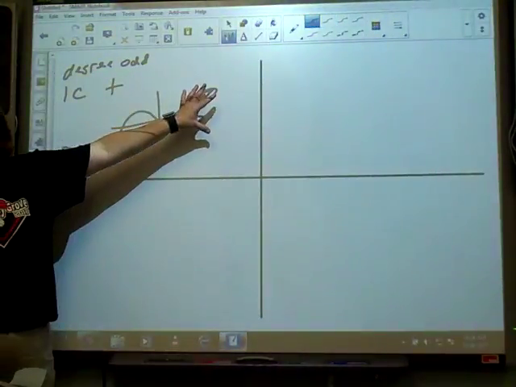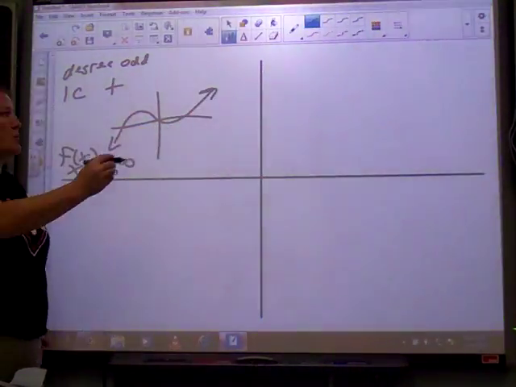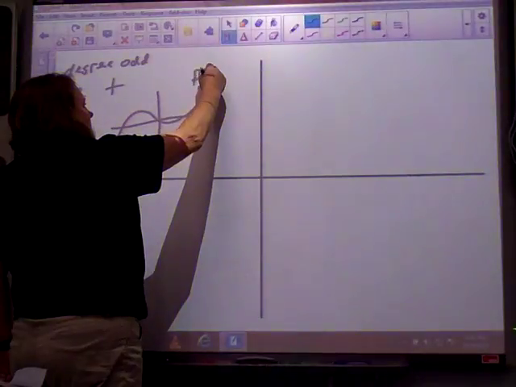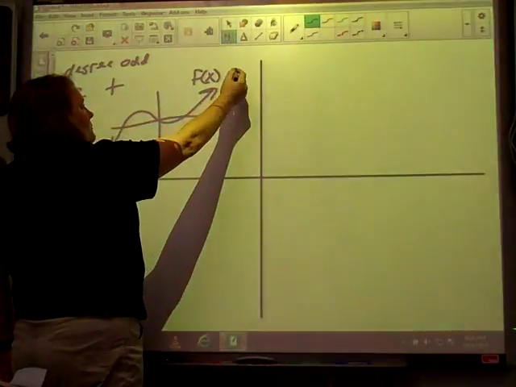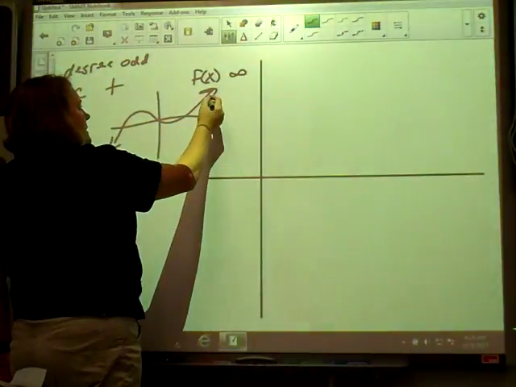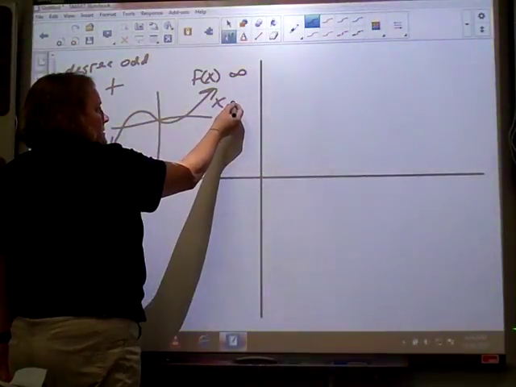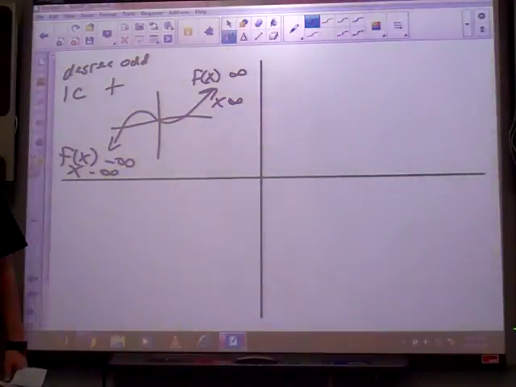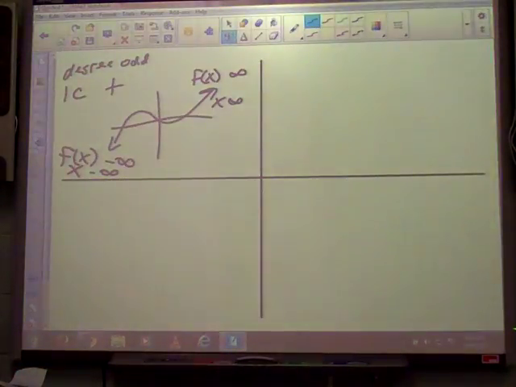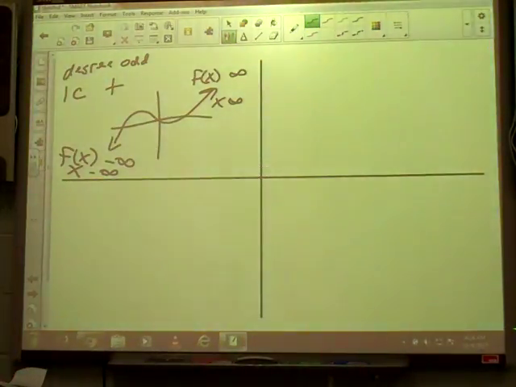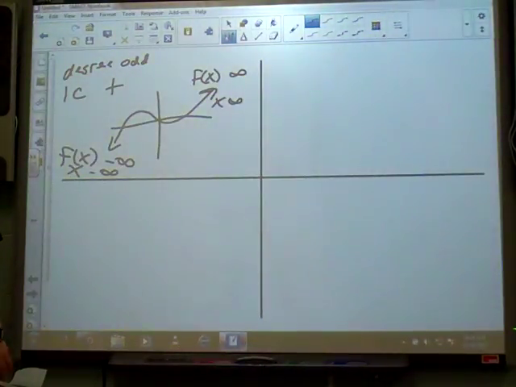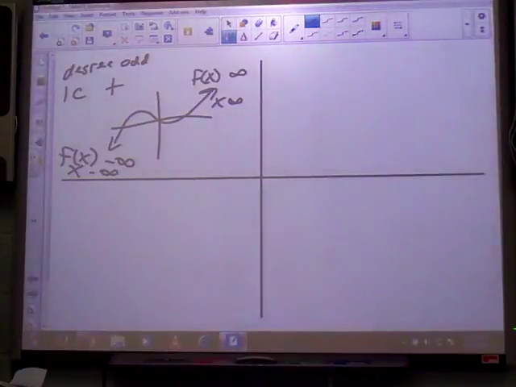But on this side, what does the f of x do? What does y do? It's going up, which is positive infinity. And what's the x do? It's going to the right, which is positive infinity. Okay, there's nothing real deep on that.